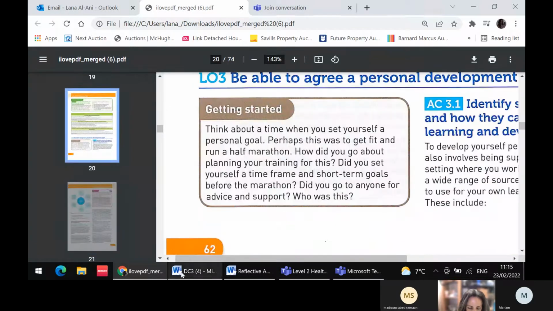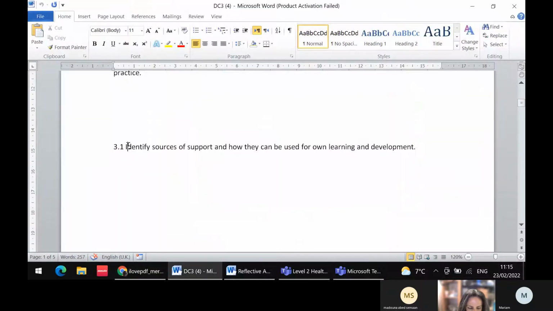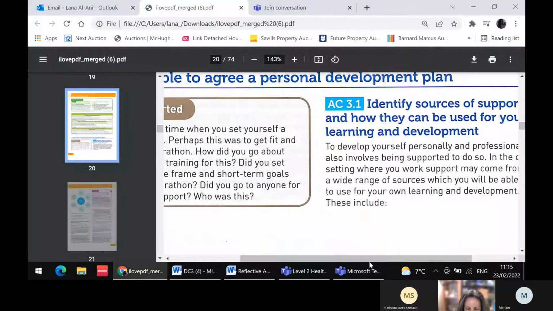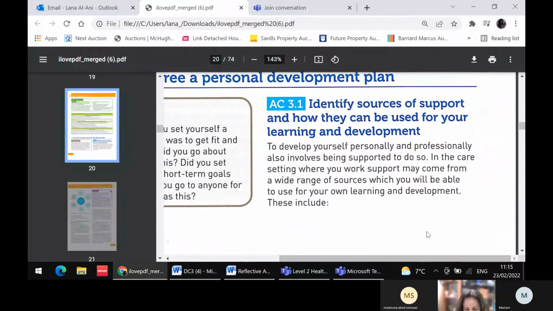So to answer this question, which is identify sources of support and how they can be used for own learning and development, I would say to develop myself as a health and social carer, I need many resources so I can give better care and support to my clients.